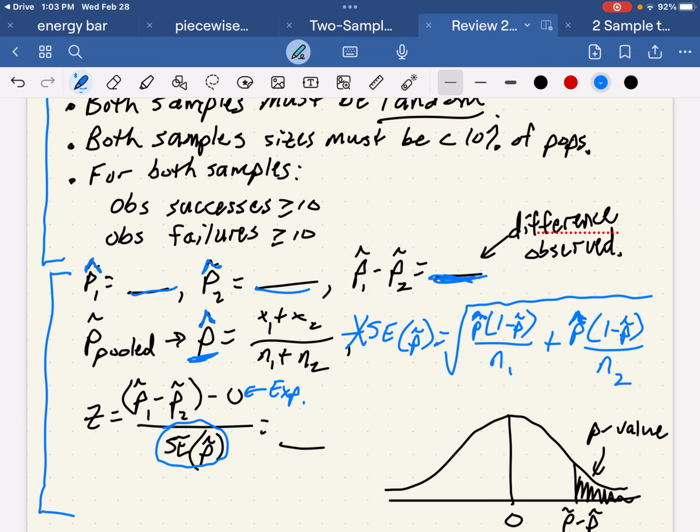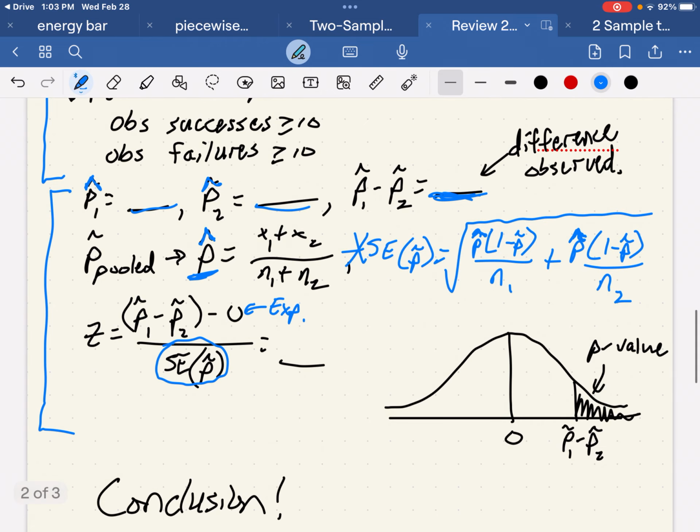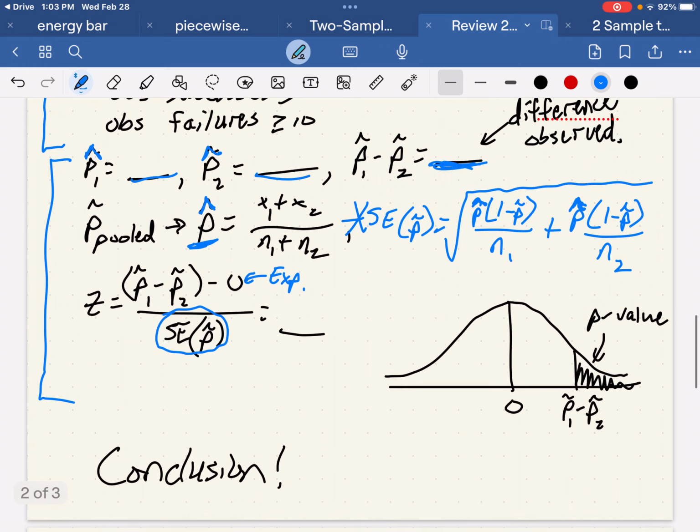So it's called a z-test. They want you to calculate z, so you have to play the game and have that standard error calculated. And then, of course, you draw your picture and you get your p-value, and then you draw your conclusion. And you know how to draw conclusions by comparing the p-value to the alpha level. So you didn't really need to take any notes on this first slide.